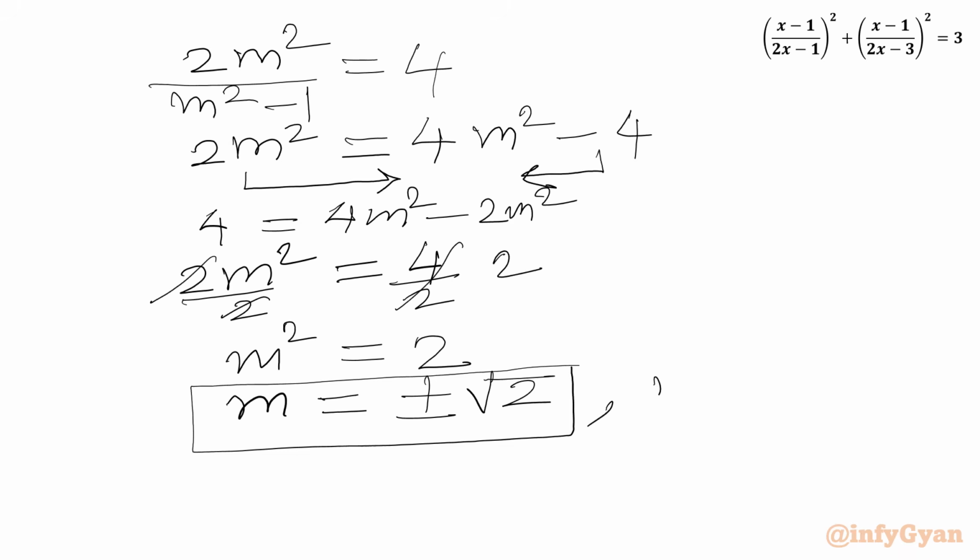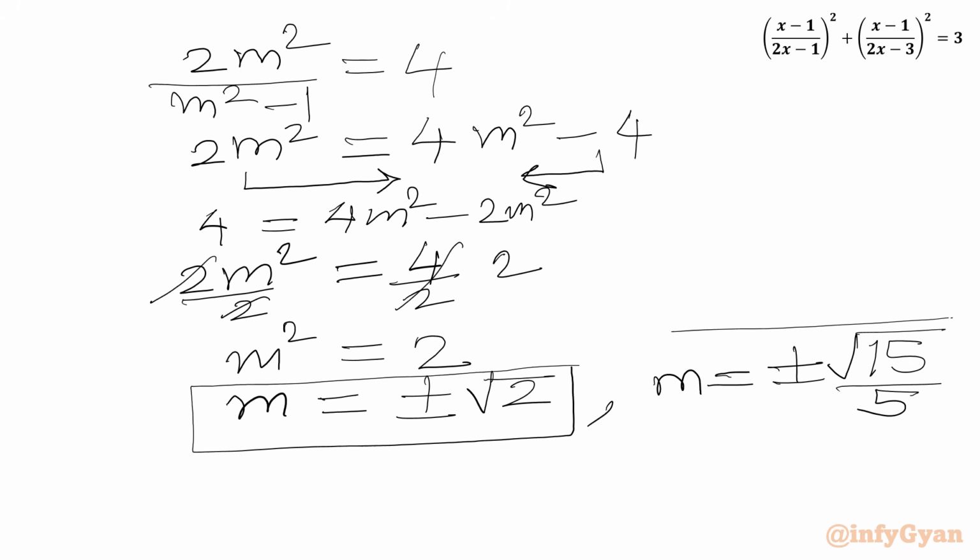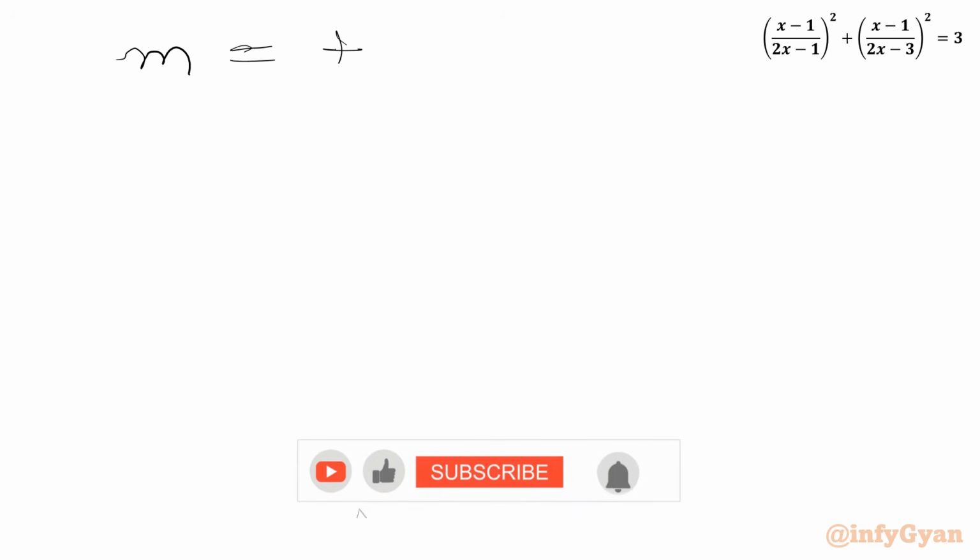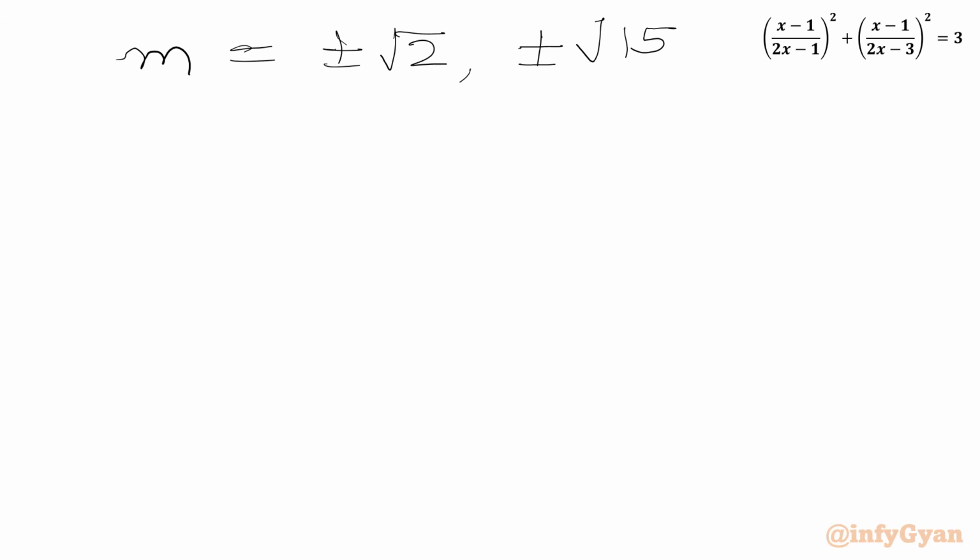If I write the remaining 2, m was plus minus square root 15 over 5. Now m was our substitution, if you remember, 2x minus 2. So I can write here m equal to plus minus square root 2 and plus minus square root 15 over 5.